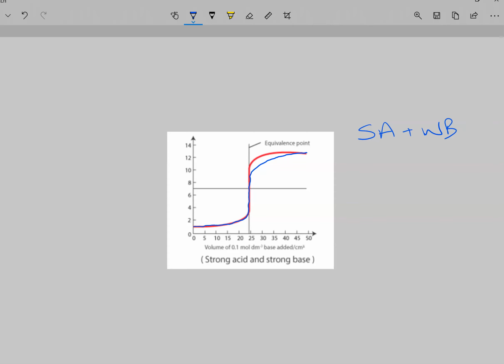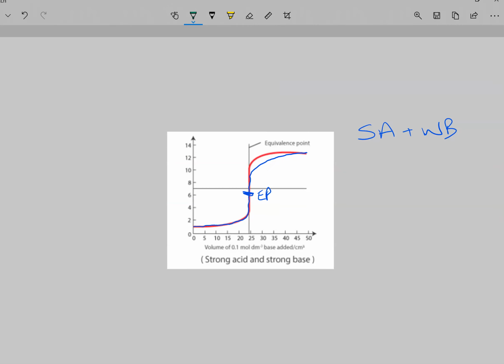It's not going to come up on that sharp bit the same way. And so if you have a look, the midpoint of that vertical part of the line there is a little bit below 7. So that's the equivalence point for a strong acid and a weak base, and sort of what the shape looks like.